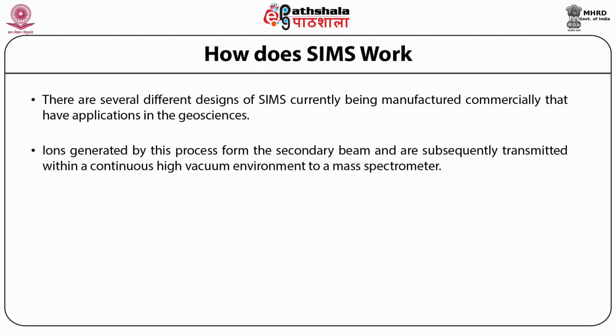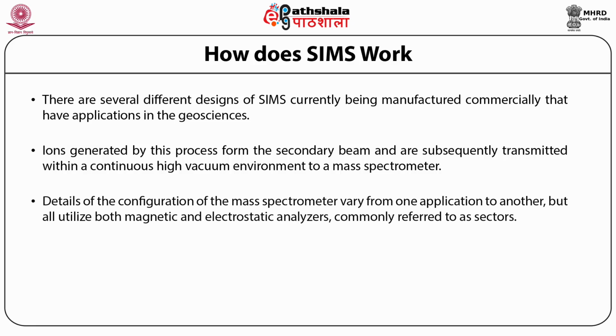Most SIMS instruments used for elemental and isotopic analysis function by accelerating ions produced in the source along a potential gradient, typically 10 kilovolt, and then transferring these ions into the mass spectrometer.